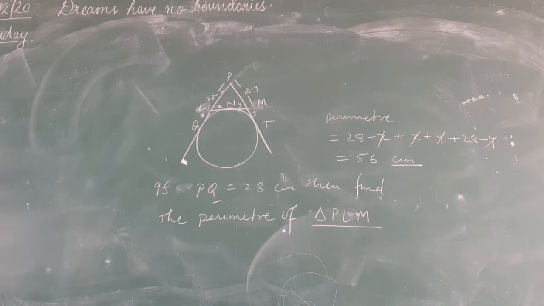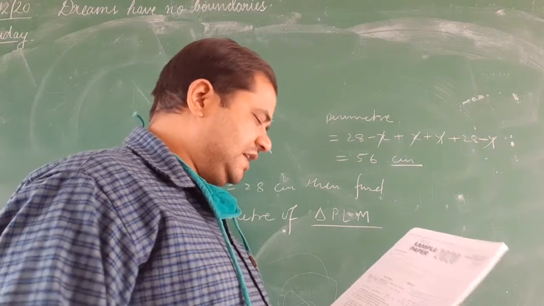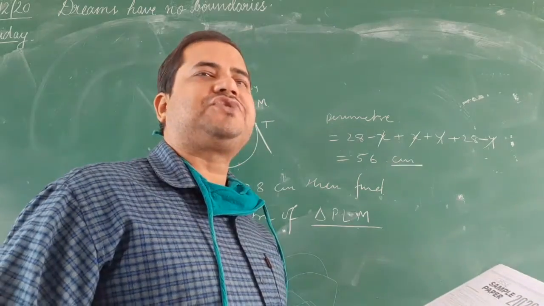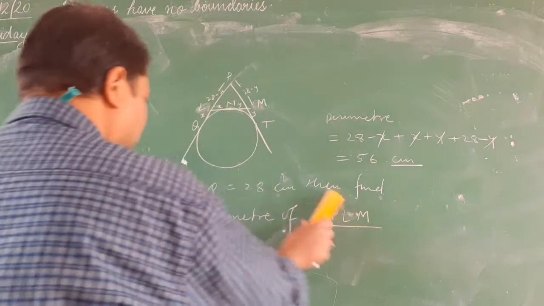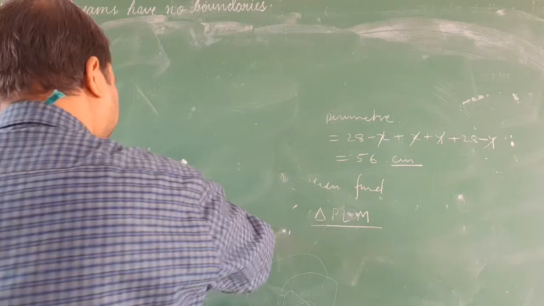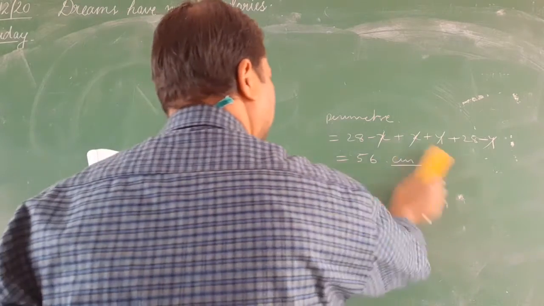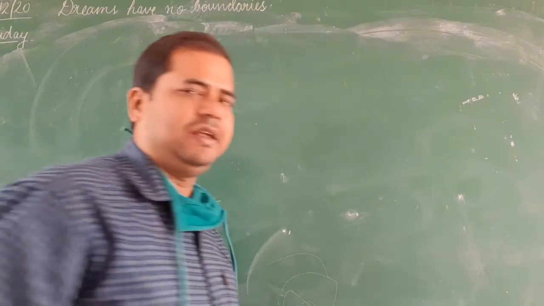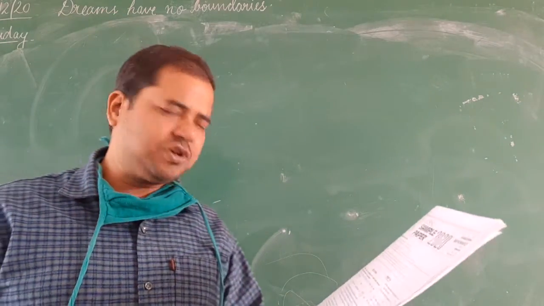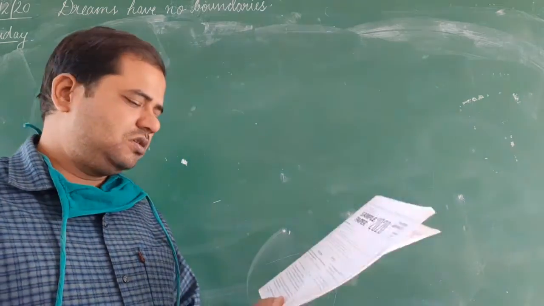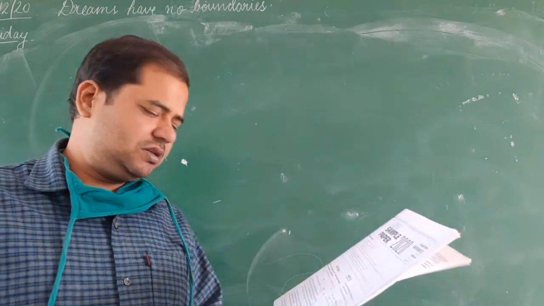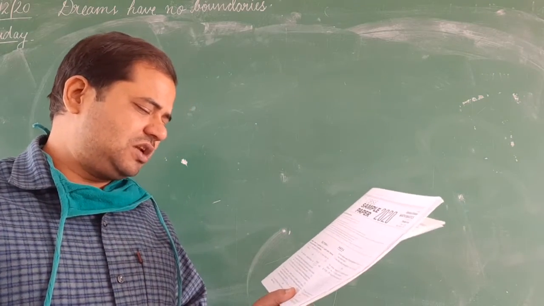If two tangents are inclined at 60 degree, this is a sample paper of 2021, issued by CBSE. So you have already this question paper, so you no need to write the question, only just listen to the question and solve, okay?